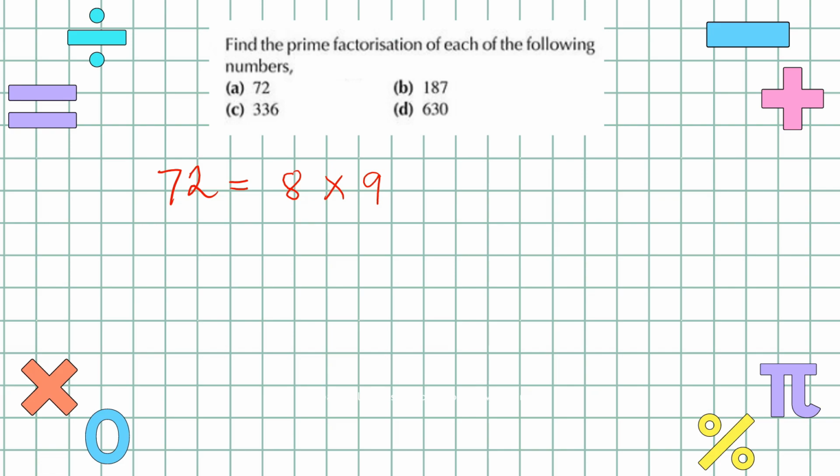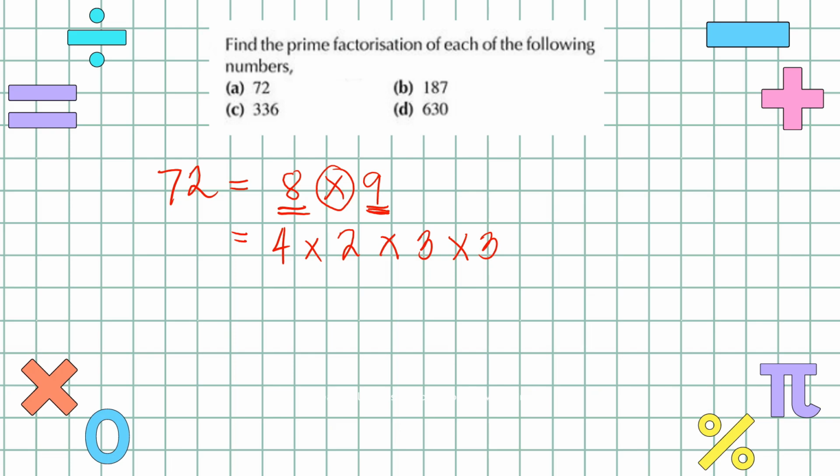Because this is not yet the end, since 8 and 9 are not yet prime numbers. So we need to rewrite these factors as prime numbers. So 8 can be split as 4 times 2, while 9 can be split as 3 times 3. So let's just copy the multiplication symbol to maintain the operation between the numbers.